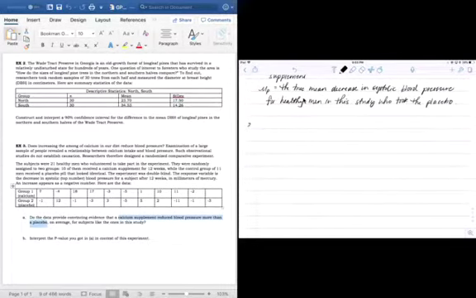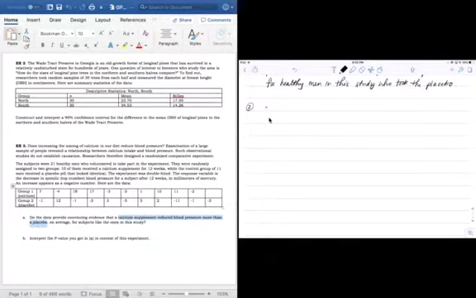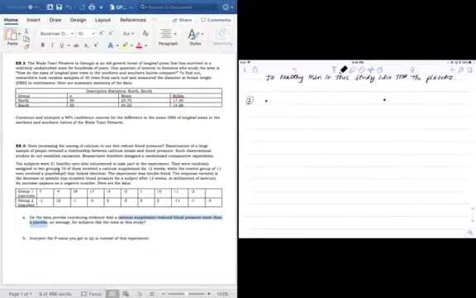Okay, second step is, of course, to check the conditions. So first condition is, do we have a random sample? And remember, we have to check it for both of the samples that we have. So in this case, you have randomly assigned subjects to groups, so we can write subjects were randomly assigned to calcium group.